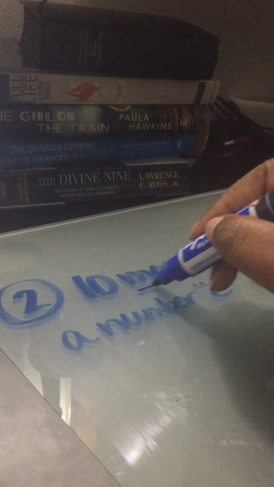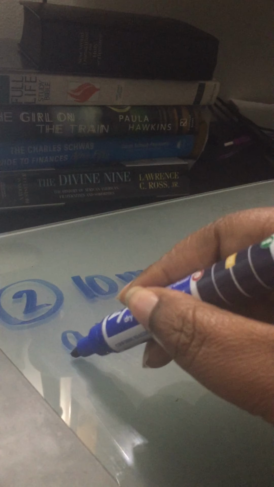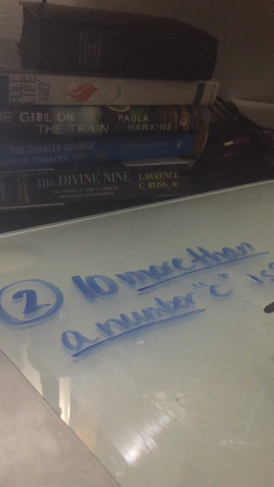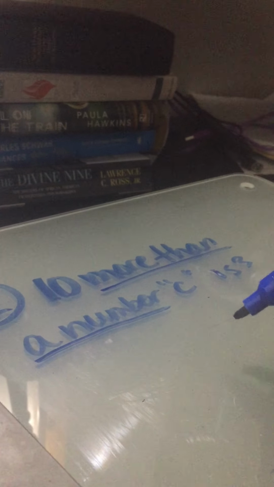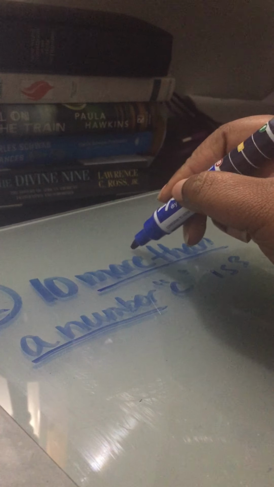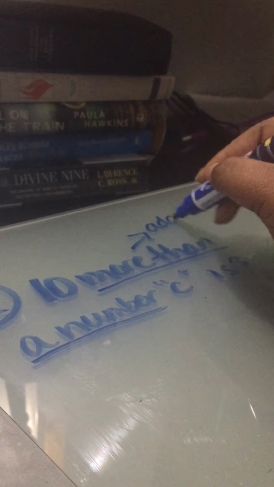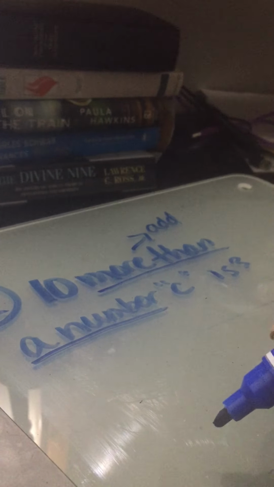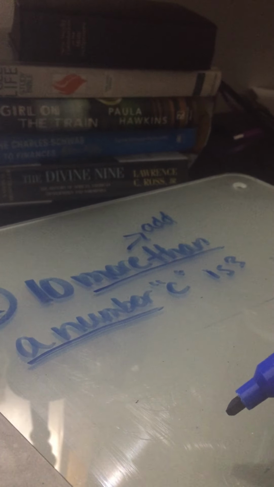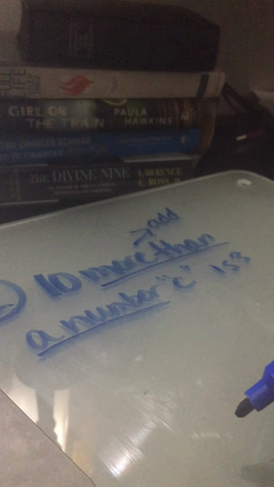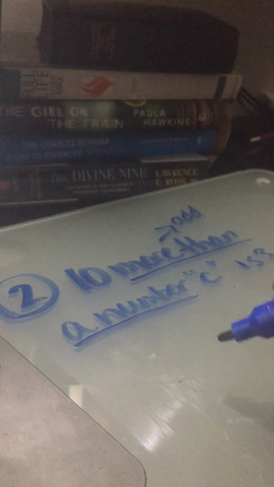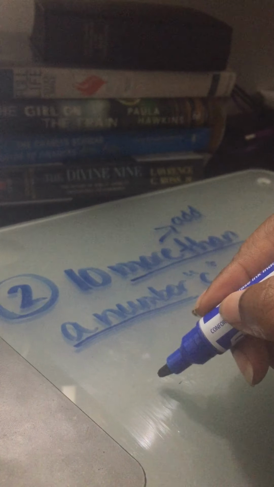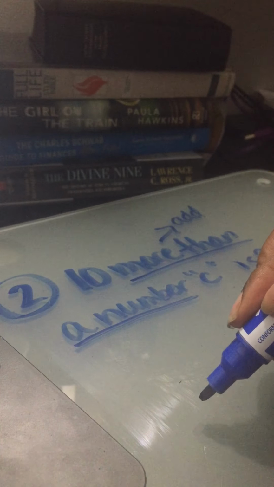So let's look right here. 10 more than a number. Since it says 10 more than a number, we know that we're going to add. The number is c. So 10 more than c.